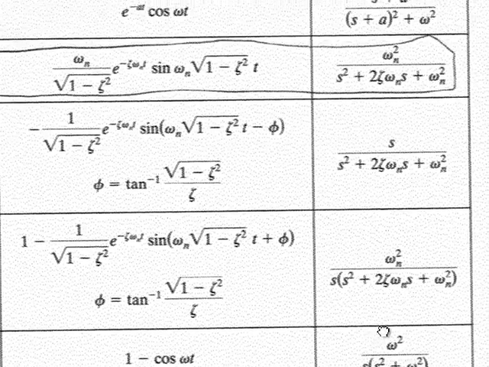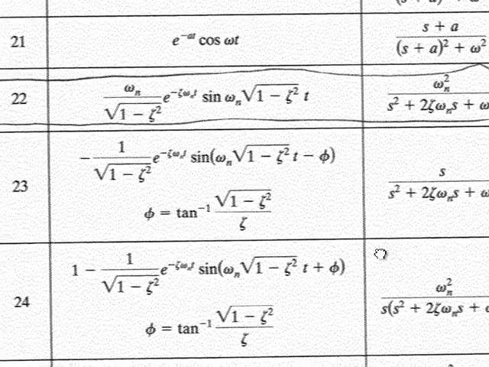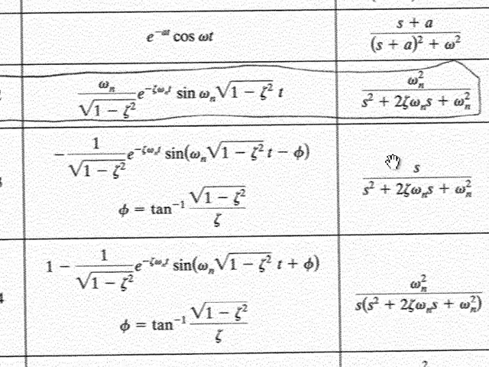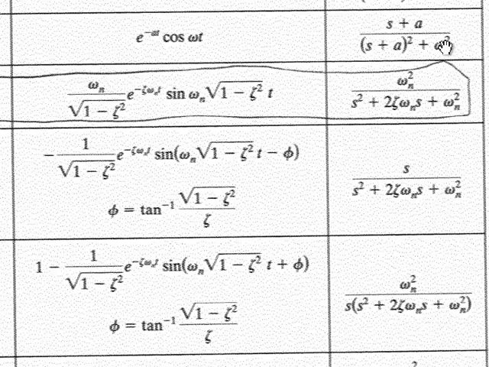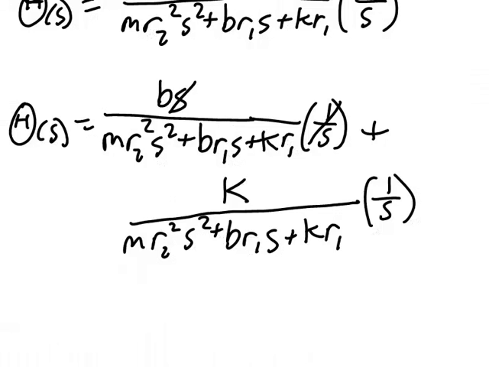However, if we scroll back up in the table, we see that line 22 does match the first term in our problem pretty closely. Not exactly yet. We're still going to do a little bit of algebraic manipulation. But the denominator matches in that it has an s squared term followed by an s term followed by a constant. What about the second term in our problem?